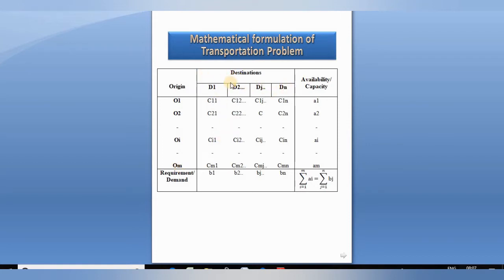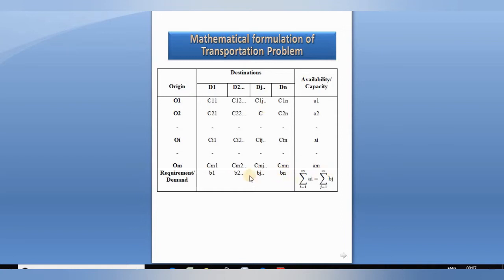Destination means warehouses, distribution centers at D1, destination 1, D2, destination 2, Dj and Dn. The aggregate of the capacity of all m origins is assumed to be equal to the aggregate of all requirements of the n destinations.